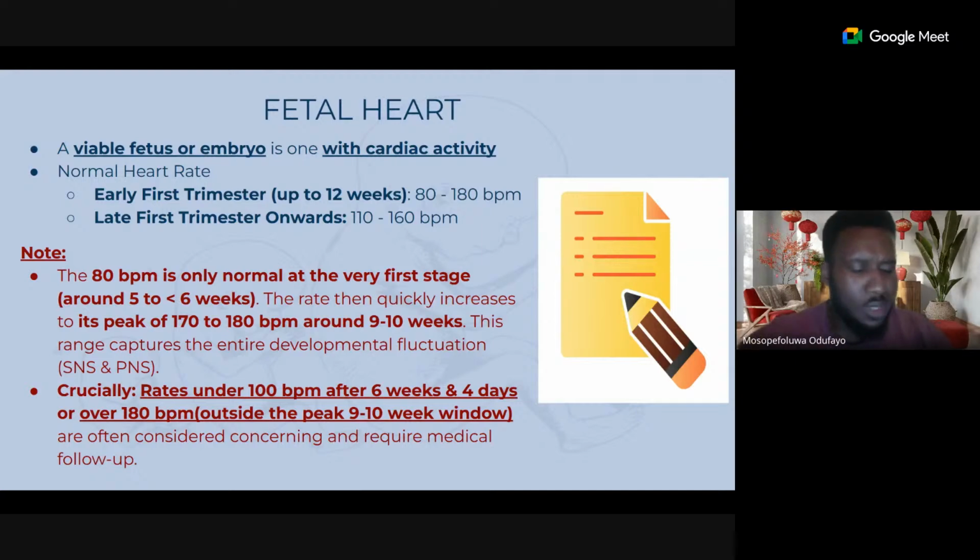There should be no mention of viability, like this fetus is viable, and no judgment of viability if you have not seen the cardiac activity. It's very important. So it's the fetal heart rate that tells us whether this baby is officially alive or officially not alive. Is that okay?